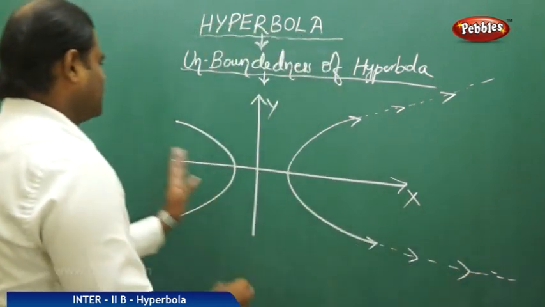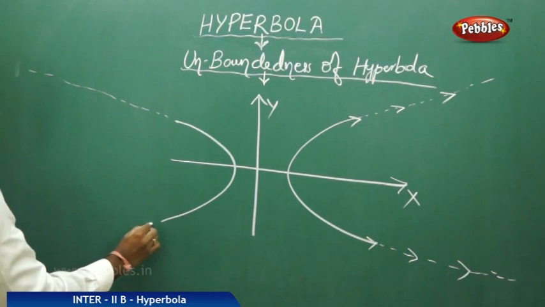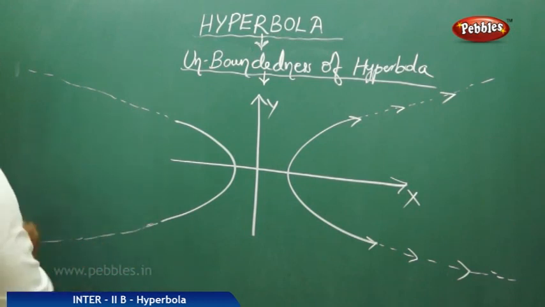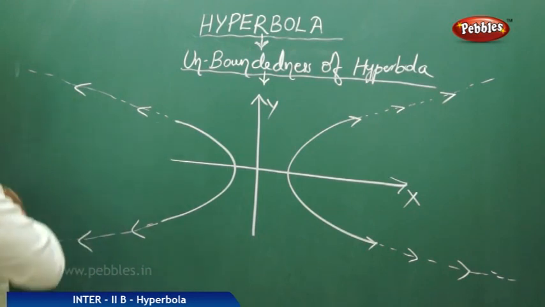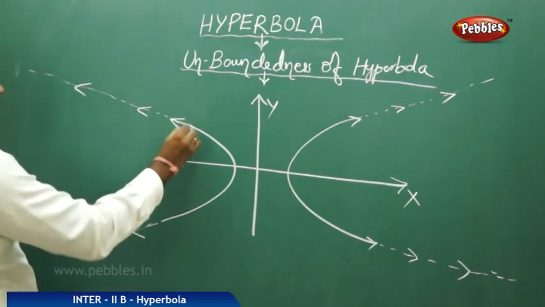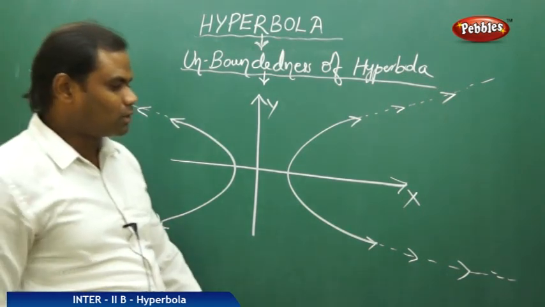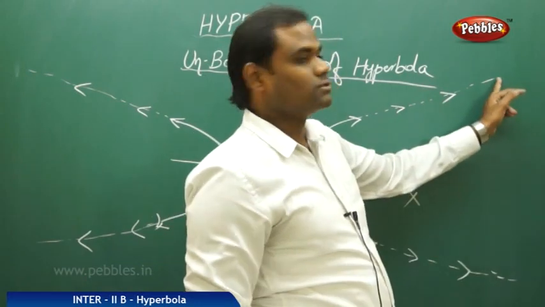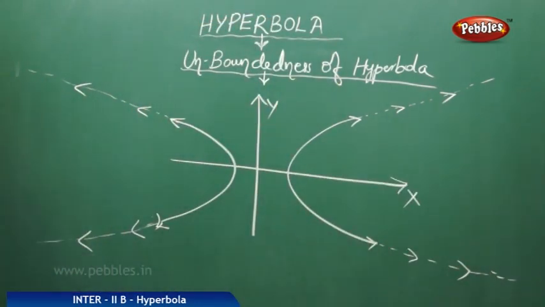Similarly on the left, this goes on and on till infinity as I proceed towards minus infinity. So this makes me understand that this is completely open, but it can never close. This end can never close with this end, and this end can never close with this end.